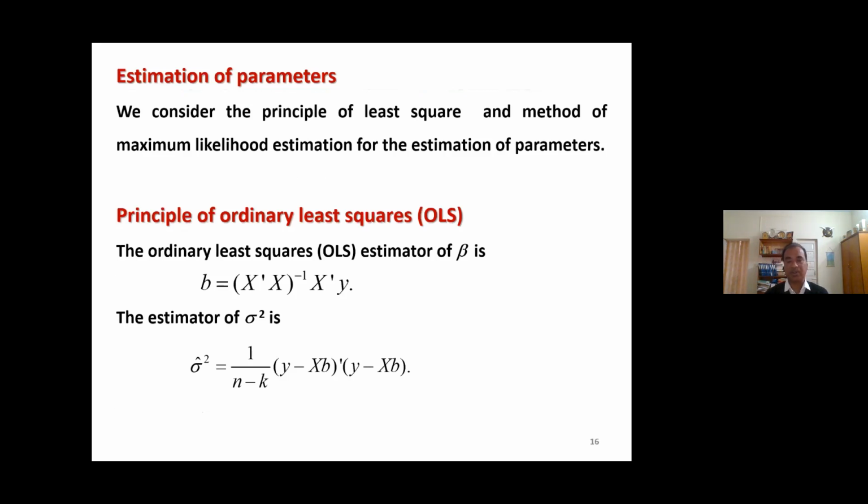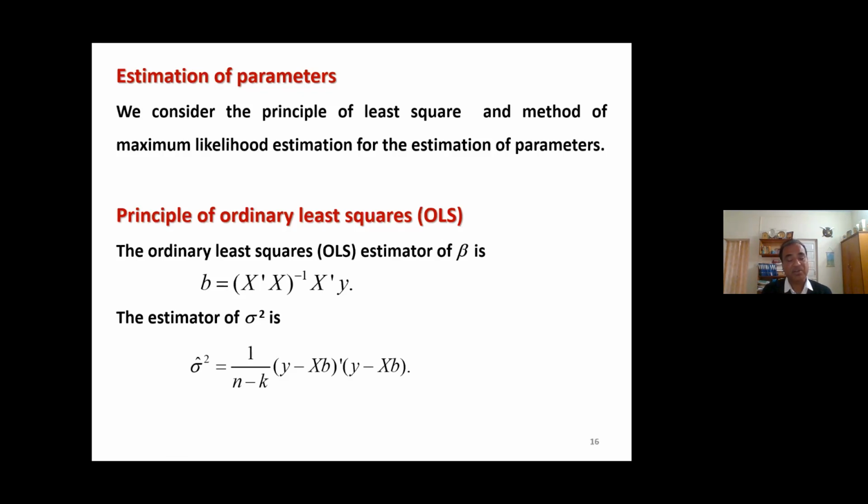Both are going to give you the same outcome. The ordinary least squares estimator, also called OLS, of the vector beta is obtained as b equal to X transpose X whole inverse X transpose Y.